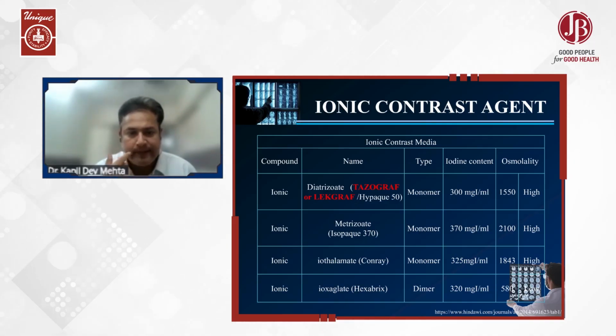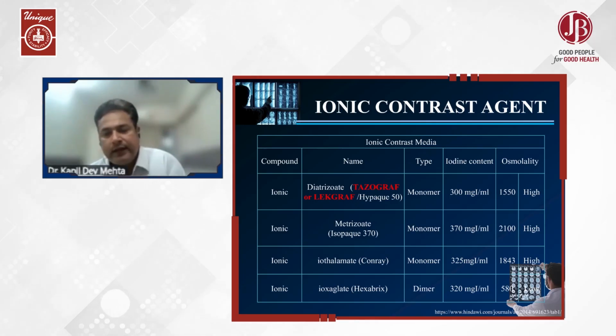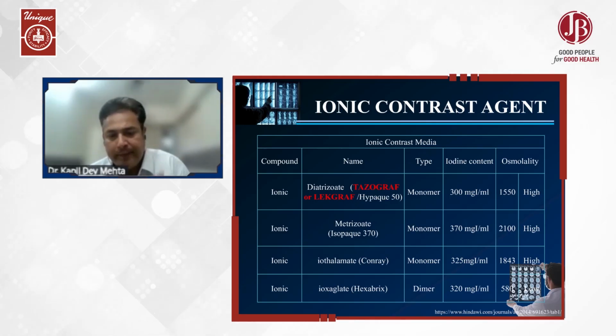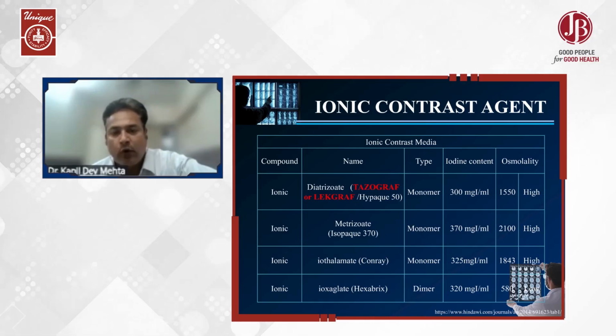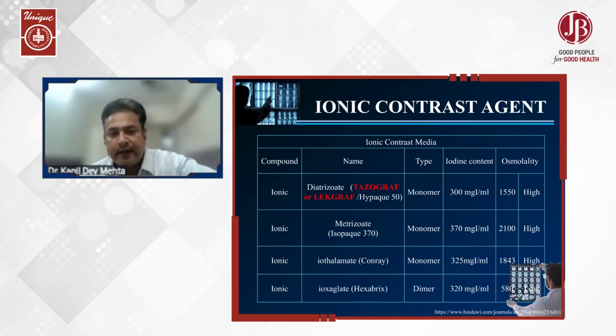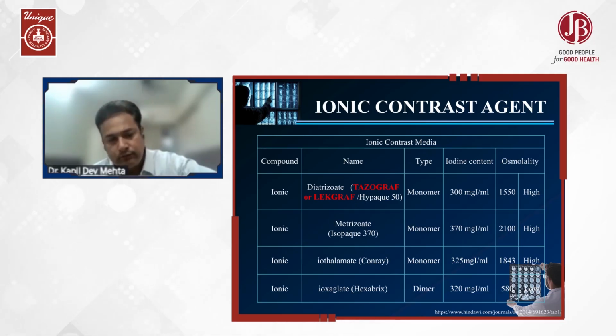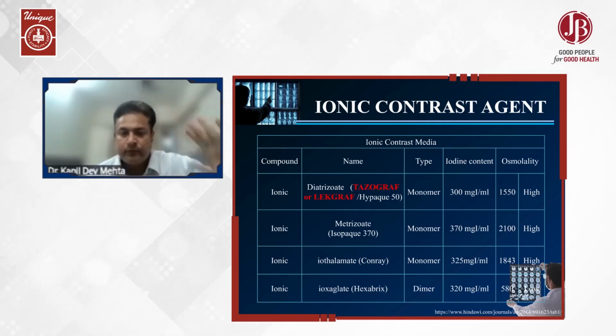If I just compare the three, Pamidol, Contrapac, Cardiolec. Pamidol is iopamidol, a non-ionic monomer. Osmolarity is around 616. Iodine concentration is around 200 to 370 milligram per ml. Excretion is unchanged for all three.